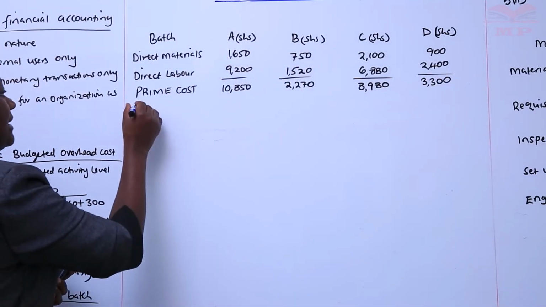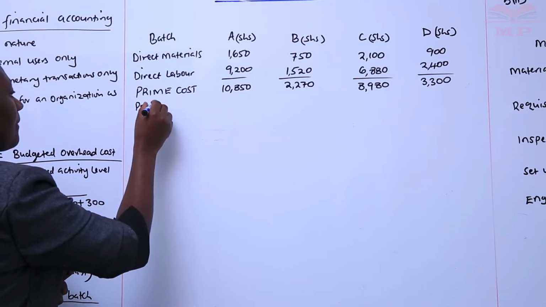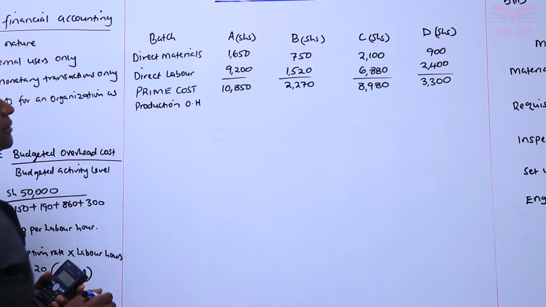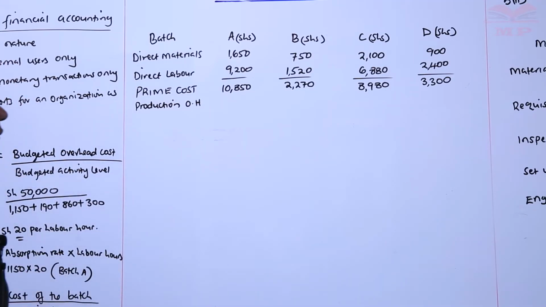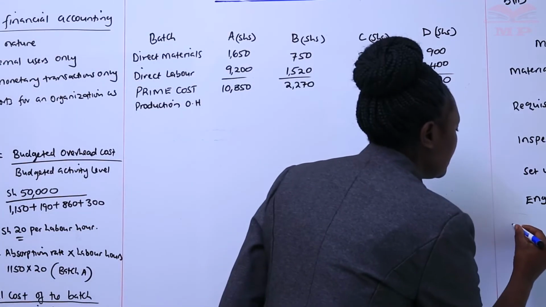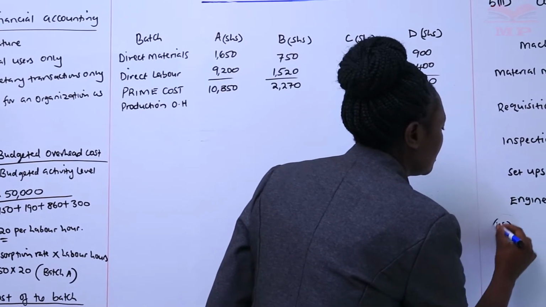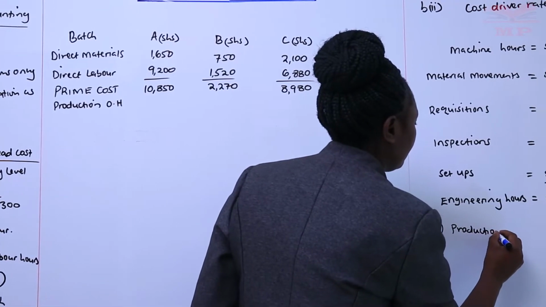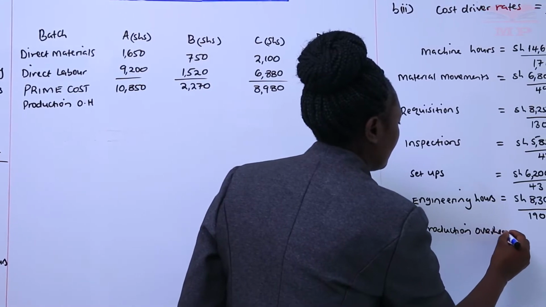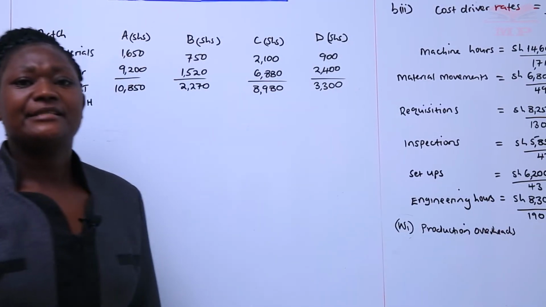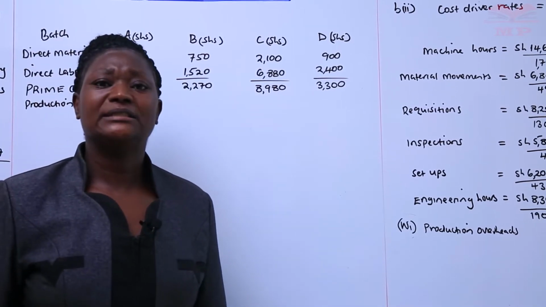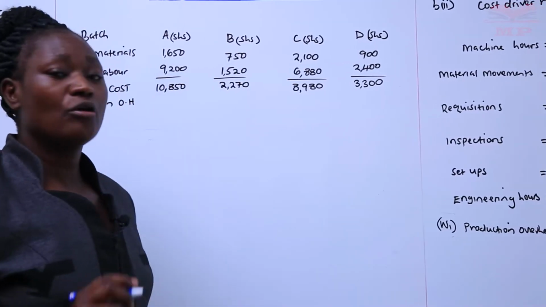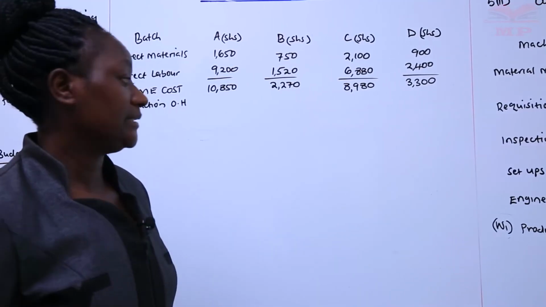From there, we calculate the production overheads. We can call this working number 1. In this case, the production overheads will be based on cost drivers and cost driver rates.